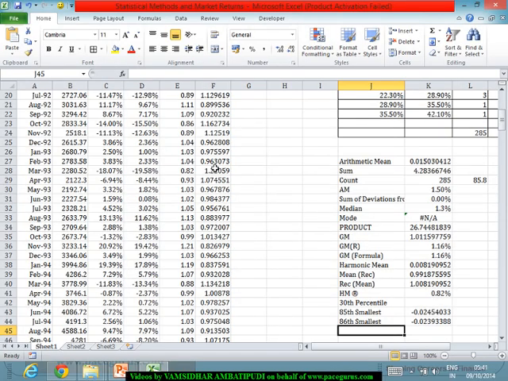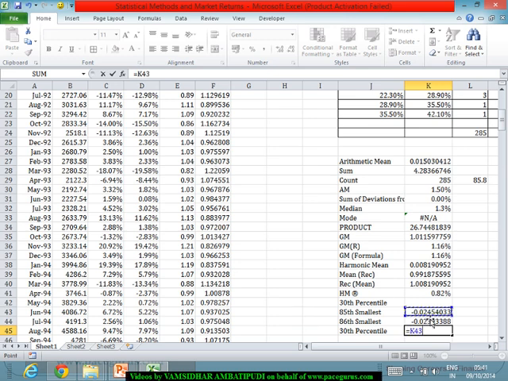So according to me, my 30th percentile going with interpolation is the 85th smallest value plus the gap between the 86th and 85th.